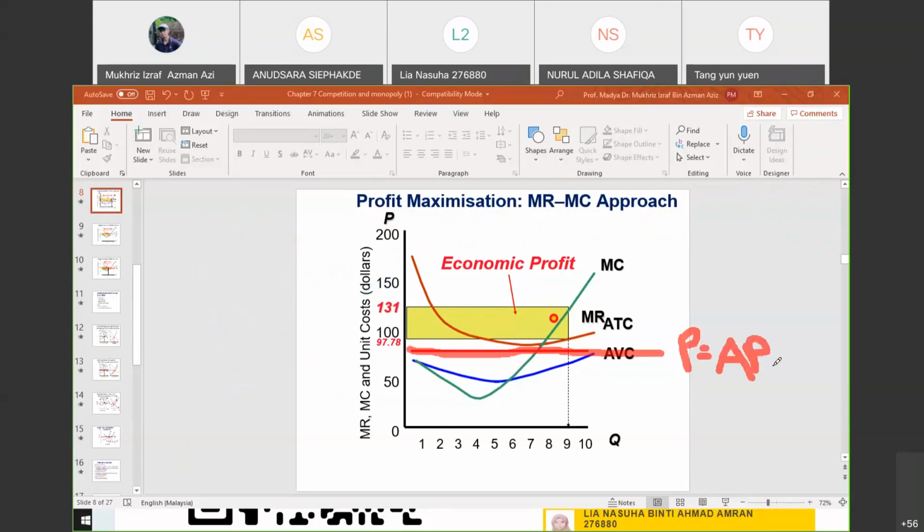When you put AR, you can put in brackets demand, because the average revenue curve is also considered the demand curve, and it also equals MR. So MR is not called the demand, so make sure you don't get this confused. We already showed last Monday why P equals AR equals MR in perfect competition, because of the constant price. But whenever you draw the average revenue curve, another name for it is the demand curve.